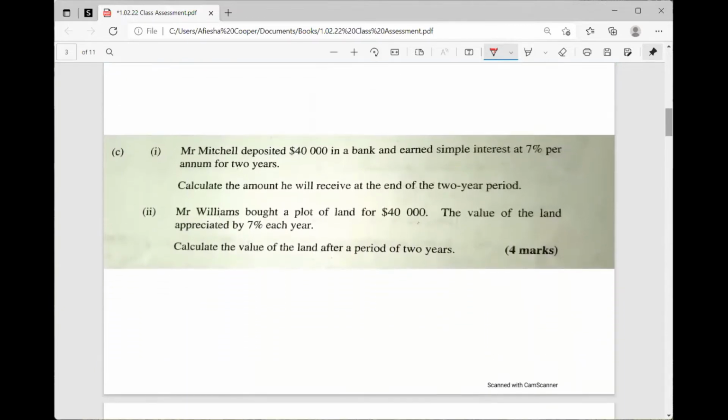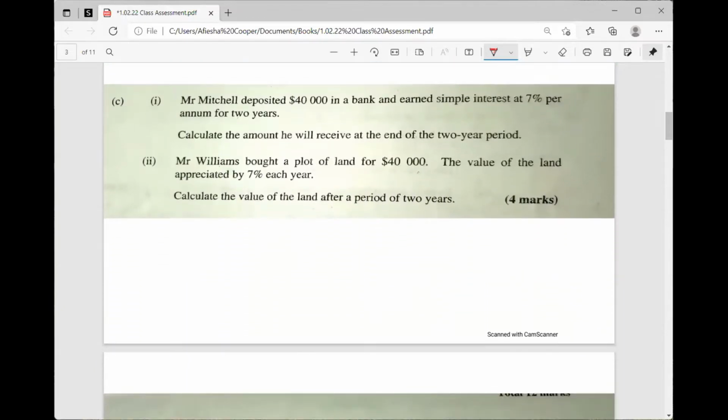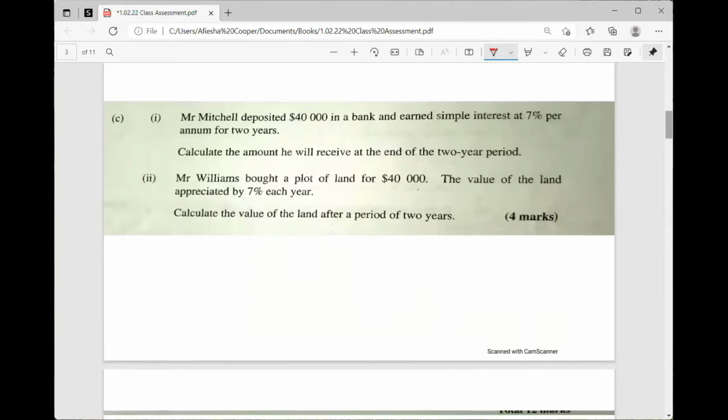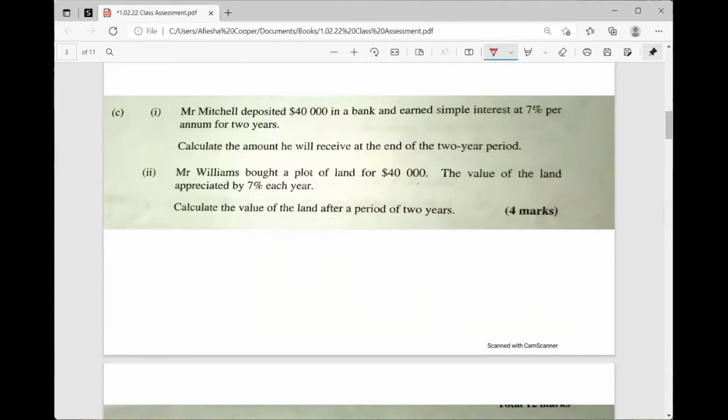All right. Mr. Mitchell deposited $40,000 in the bank and earned a simple interest at 7% per annum for 2 years. Calculate the amount to receive at the end. So we have principal, we have rate, we have time. So we know our interest is PRT over 100. I love to write my formulas, so I know that I can follow my steps correctly.